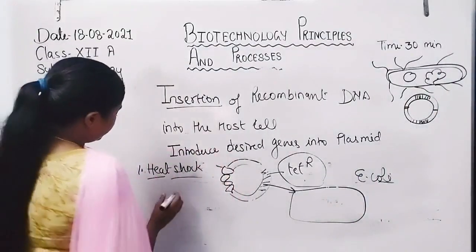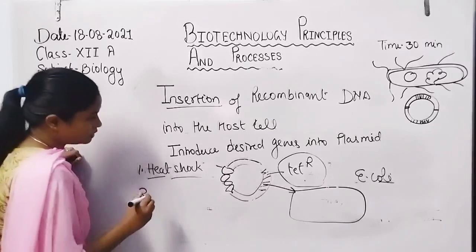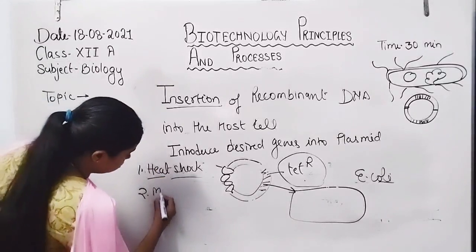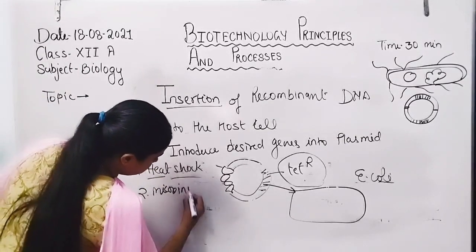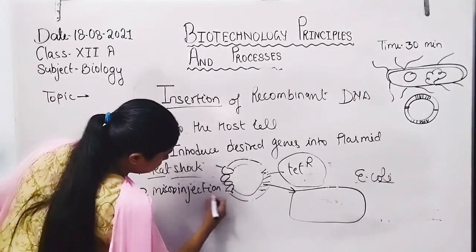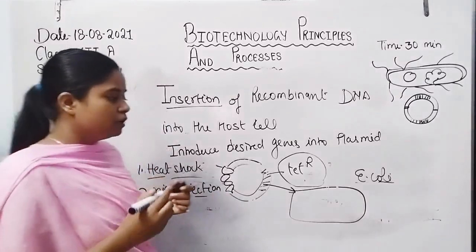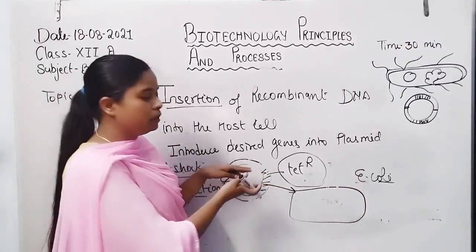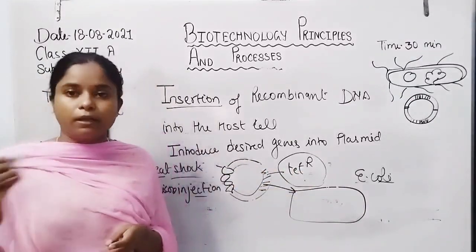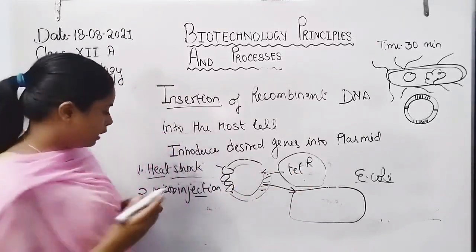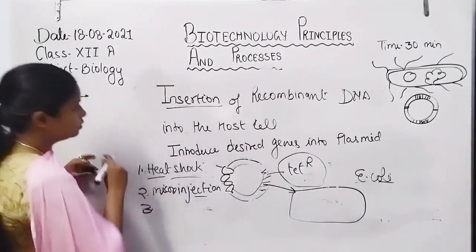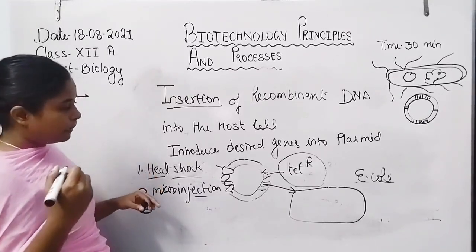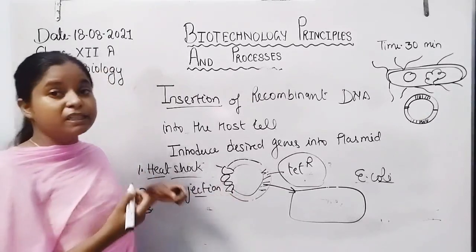Now the second method is microinjection. Microinjection is simply injection, where we introduce this recombinant DNA into the host cell by the use of microinjection. Now the last method for the insertion of recombinant DNA is ballistic guns.